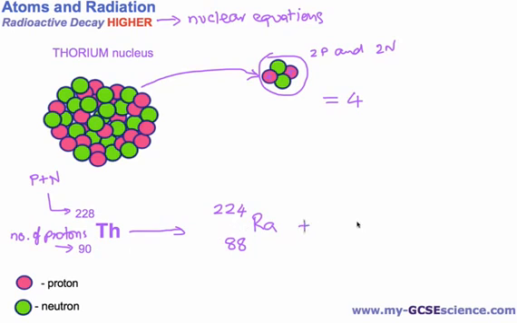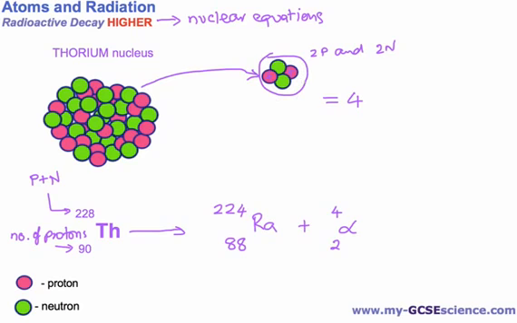An alpha particle can be written like this, and we have to write down the number 4 at the top there and 2 at the bottom there to show 2 protons, and here to show a mass number of 4, protons plus neutrons of 4, and that's been lost. So there is our nuclear equation for the decay of a thorium nucleus by decaying by an alpha particle.